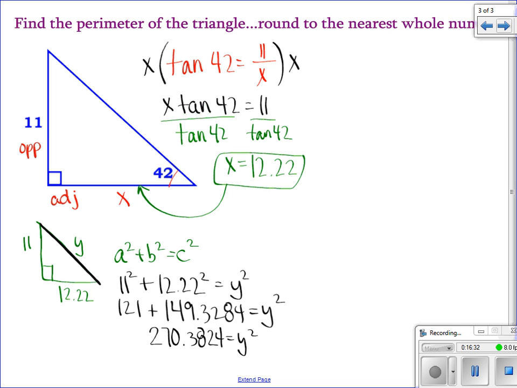There's only one step left in order to find the length of that side of the triangle. Square root that number. We get 16.44.